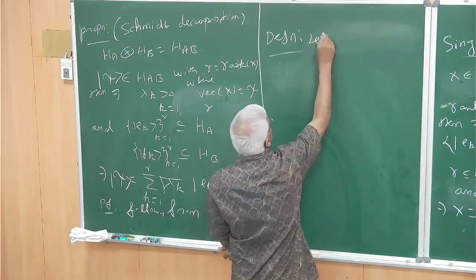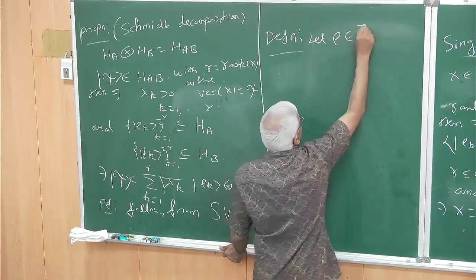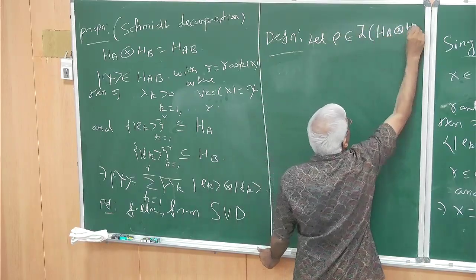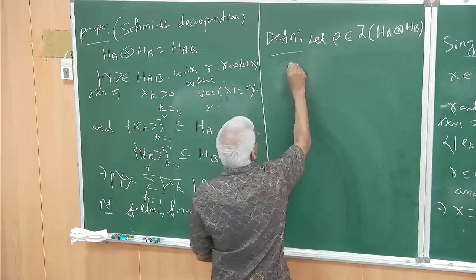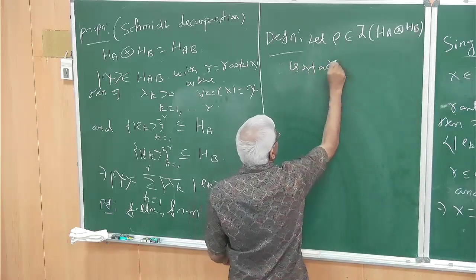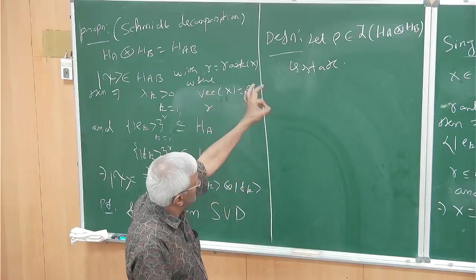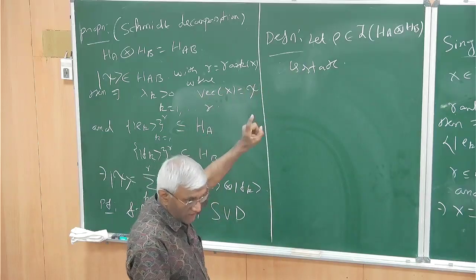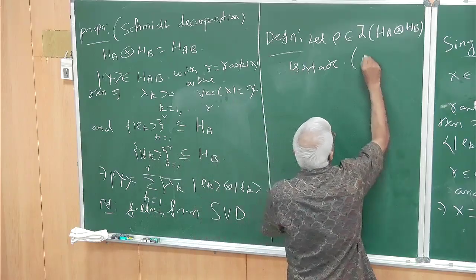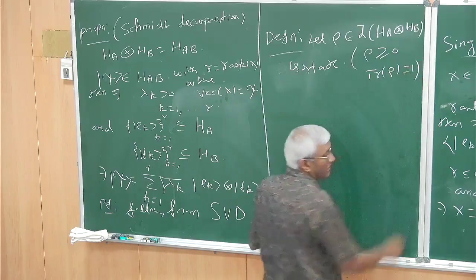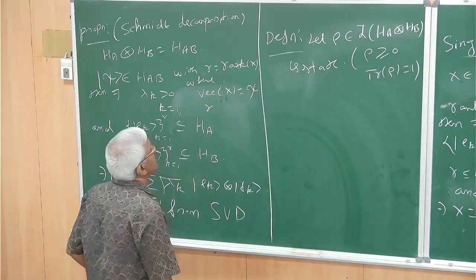Let rho in L of HA tensor HB be a state on HA tensor HB. That means it's a positive operator with trace 1. That is rho greater than or equal to 0 and trace rho equal to 1. That's the definition of a state.